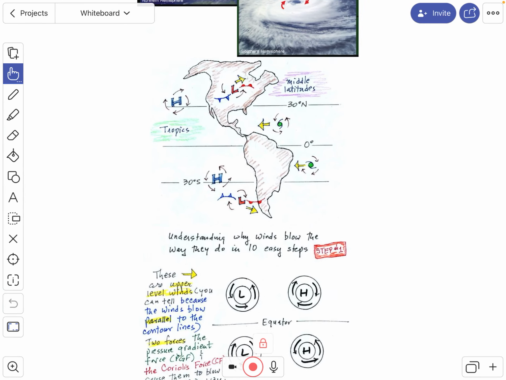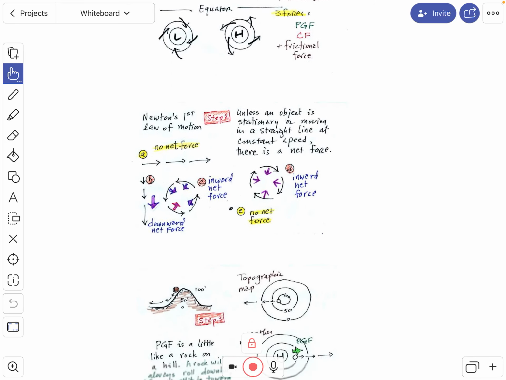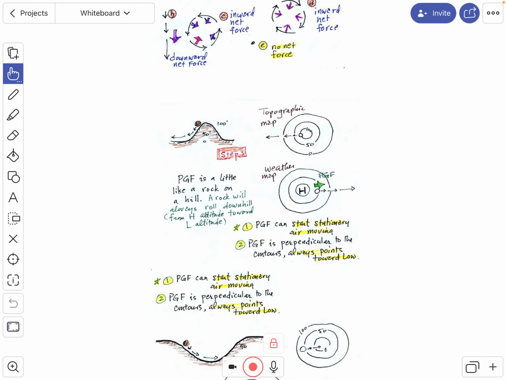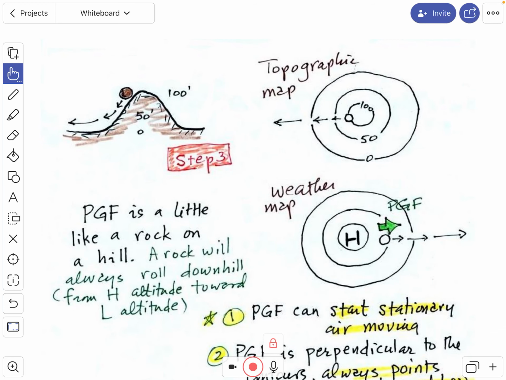But I just want to point out one thing about the high and low pressure idea, and kind of an analogy that you can think about. Remember topographic maps, perhaps from earth science. A topographic map which is showing a hill, which you can see in the picture here, a hill is indicated by these circles that get smaller and smaller and smaller with higher values in the middle.